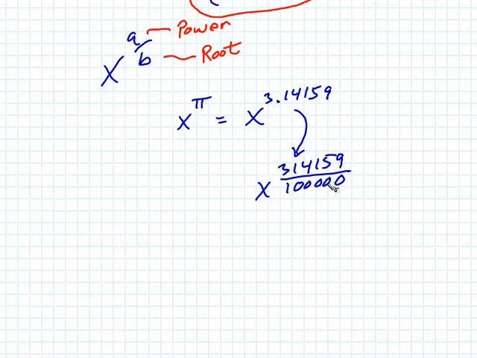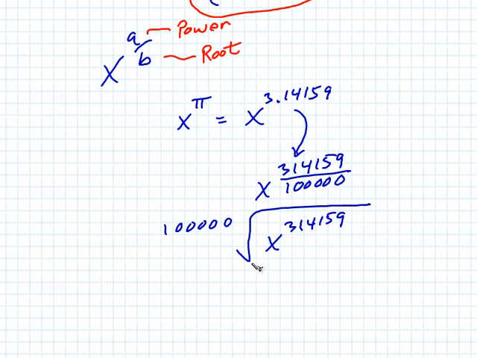If I divide this by 100,000, that brings it back to 3 point something. So this would be the same as saying x to the 314,159 power, and take the 100,000th root of x to that power.